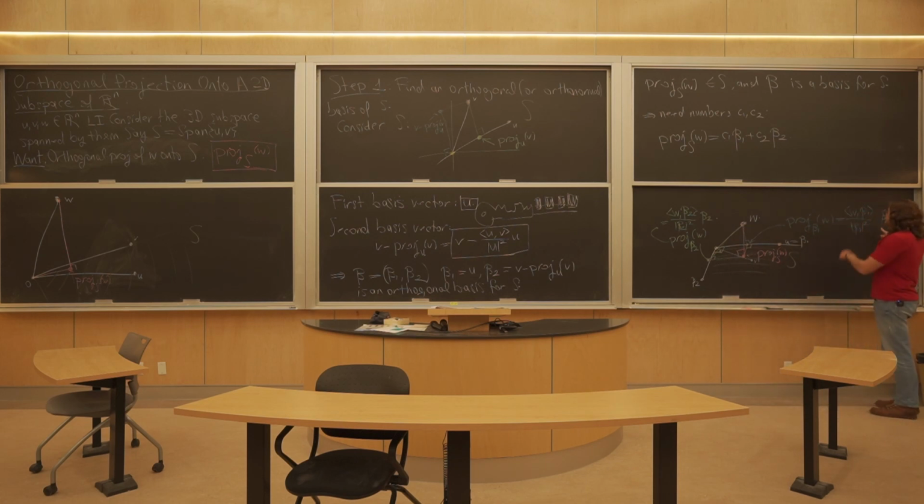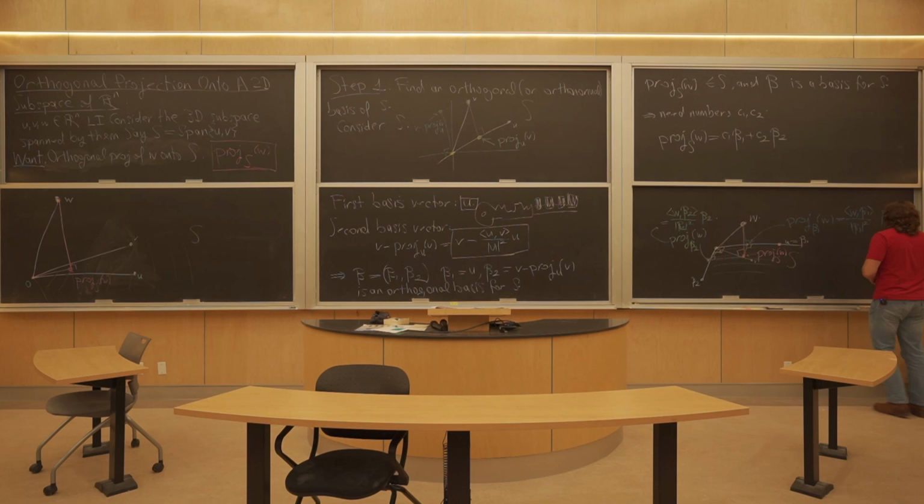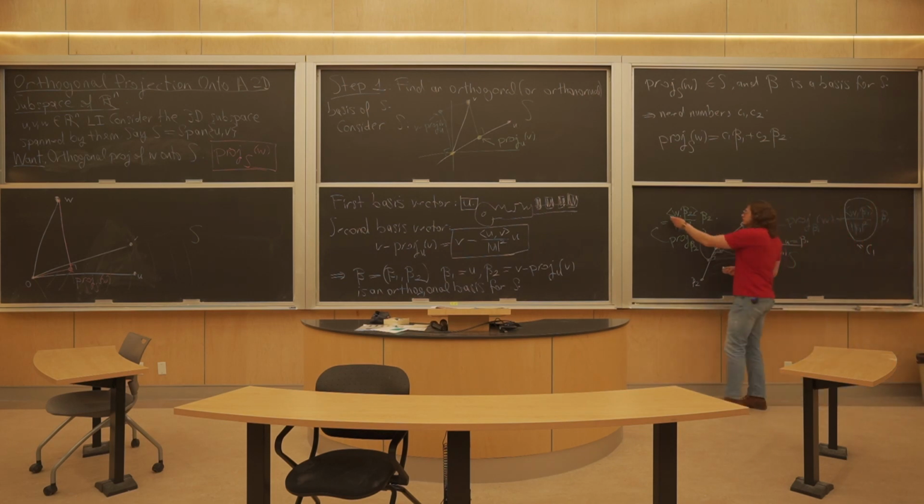Which means that you see this number should be C1 and this number should be C2. So this is C1 and this number is C2.